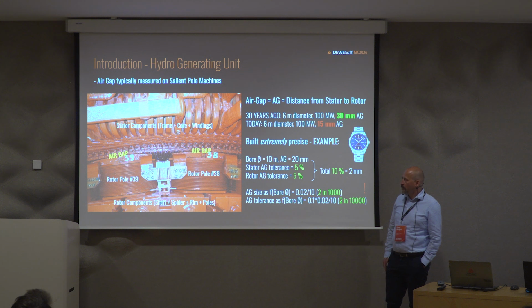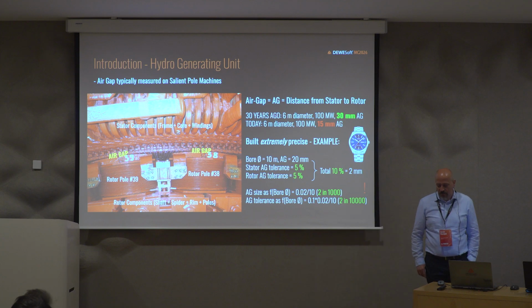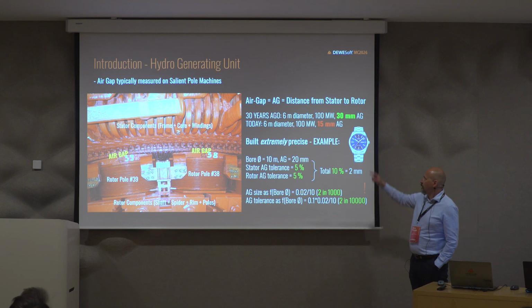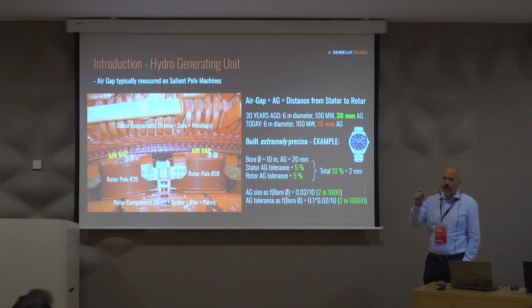That's basically how it works, and the problem which is becoming increasingly important is that 30 years ago or so, for a unit which had 6 meters diameter and 100 megawatts, the air gap was about 30 millimeters, so pretty large, let's say.